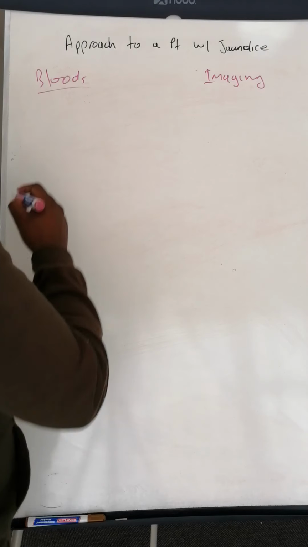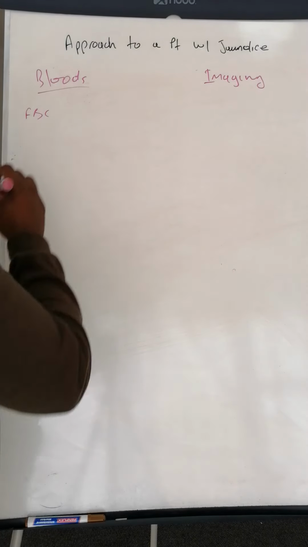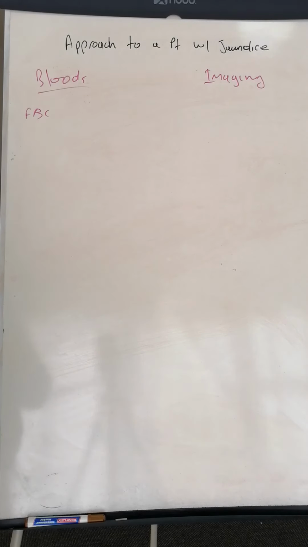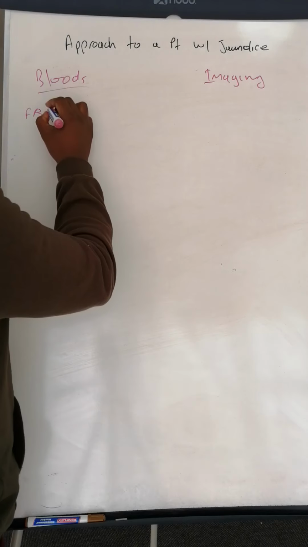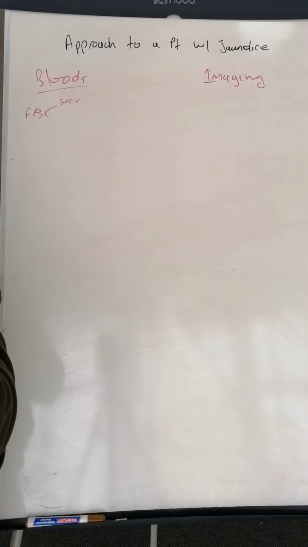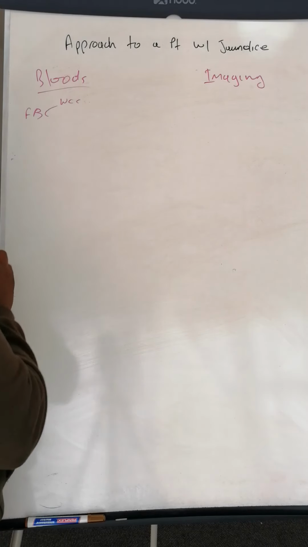When it comes to blood, yes, FBC is our friend, a very good friend of ours. An FBC can tell us a lot when you know how to interpret it to the core. So on the FBC, we're going to check the white cell count, and it would also help to do the differential count.